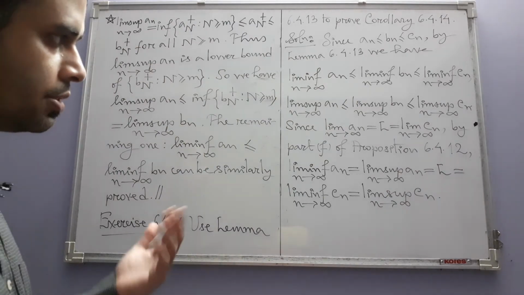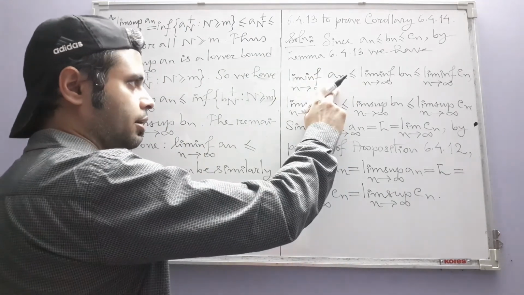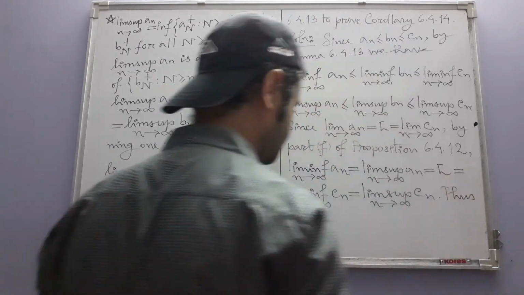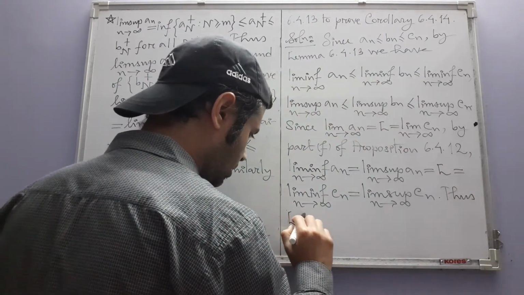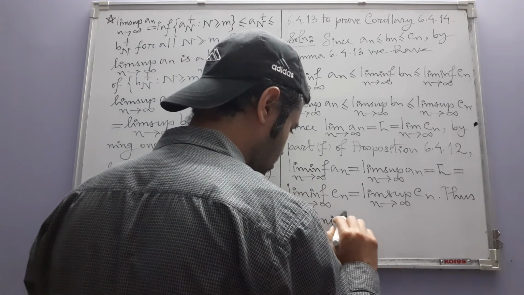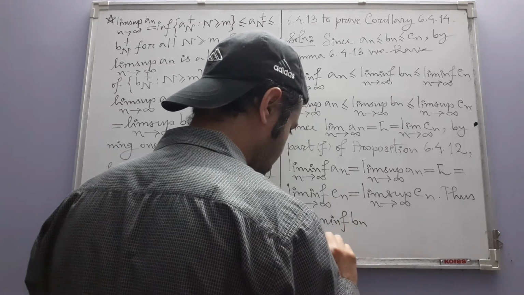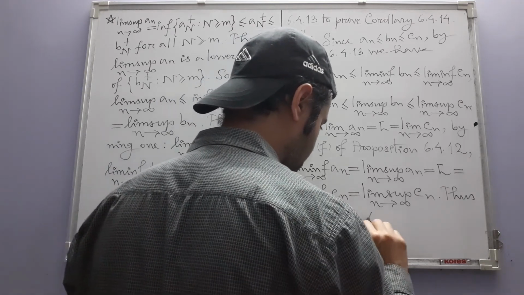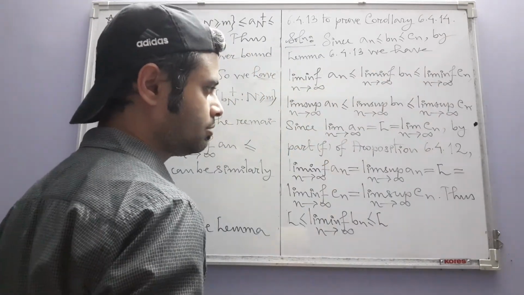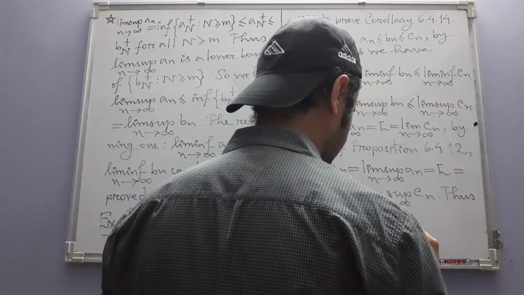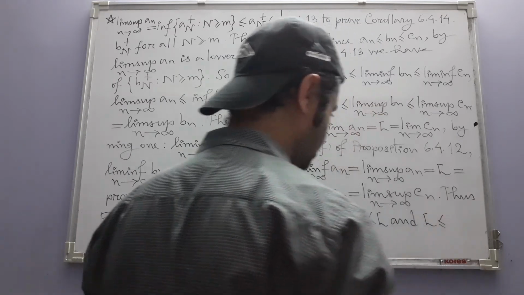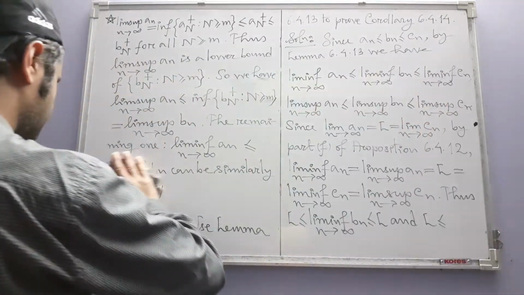So we can now use these facts here. Thus, L is less than or equal to the limit inferior of b_n, which is again less than or equal to L. Both of these things are equal to L, and L is also less than or equal to, won't have space here.